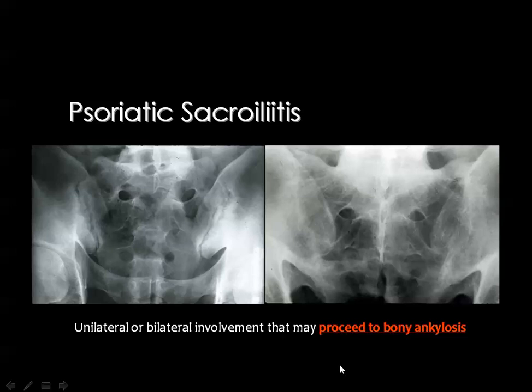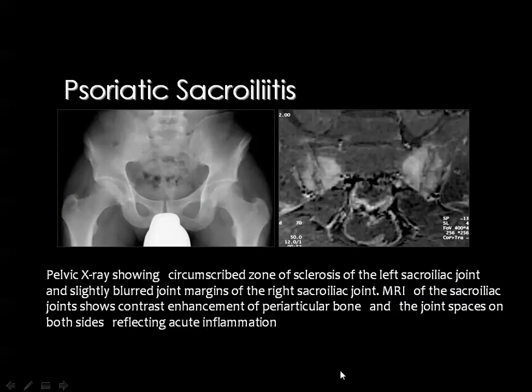Of course, you can easily discriminate the changes of ankylosing spondylitis in the sacroiliac joints from the changes of psoriatic arthritis by the manifestations in the skin and nails in cases of psoriasis, and also the manifestations in the rest of the spine in cases of ankylosing spondylitis.